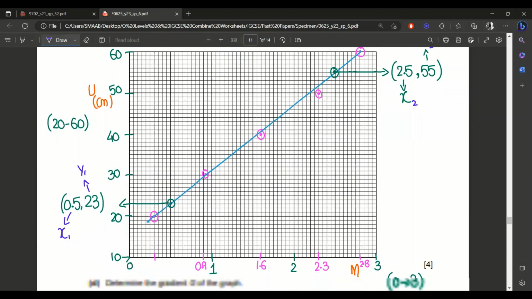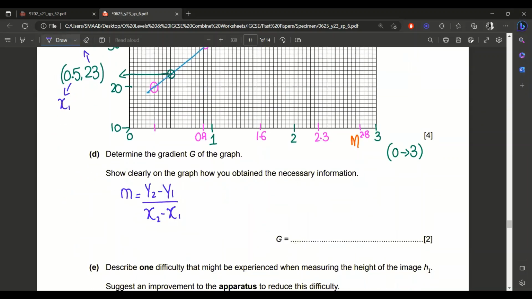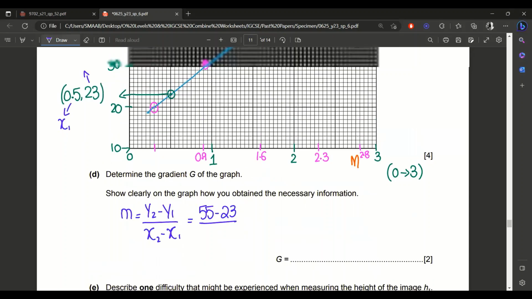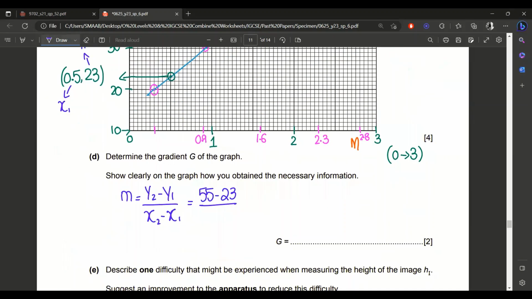So y2 minus y1 means 55 minus 23, divided by 2.5 minus 0.5. Now just divide all these values and you will get the gradient. 16.